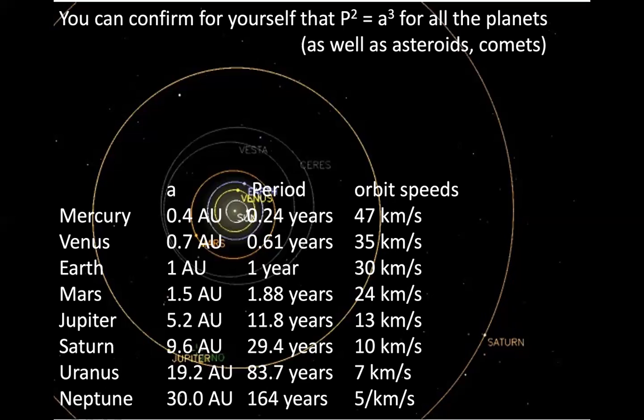This is because the force of gravity drops with distance. So in addition to being further away and thus having a longer path to travel, the more distant planets are actually moving slower along those paths, which is an important thing to keep in mind.